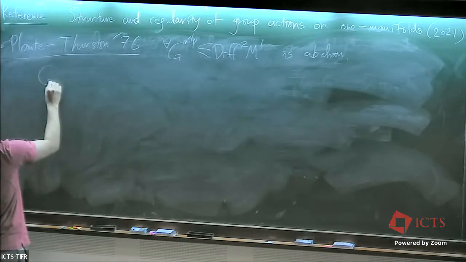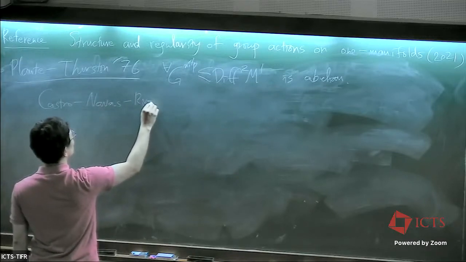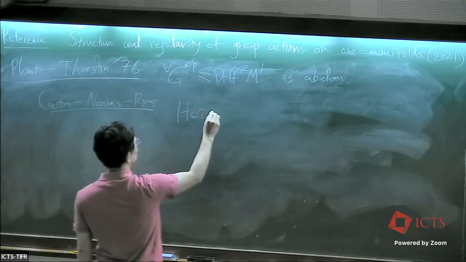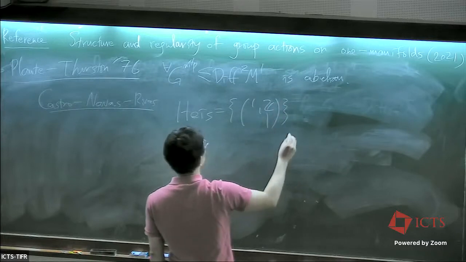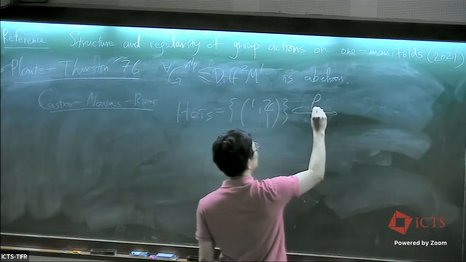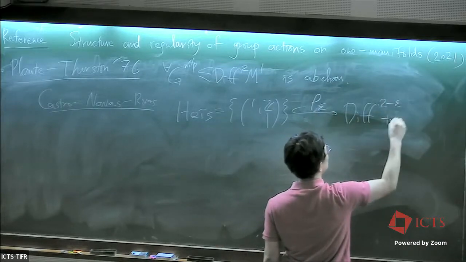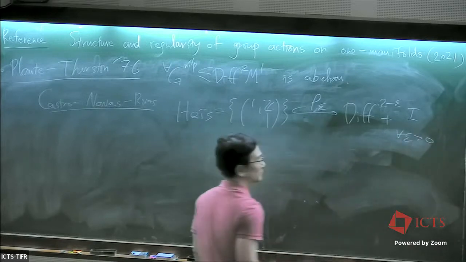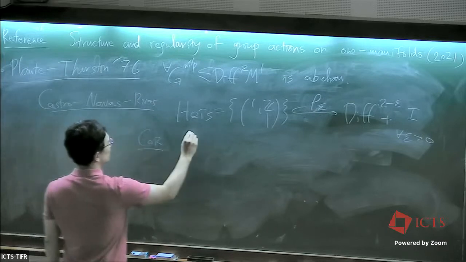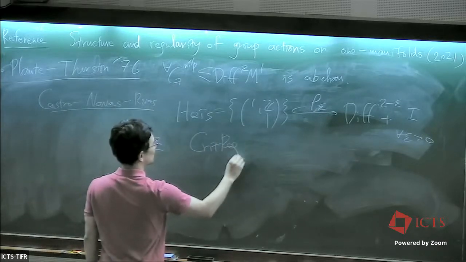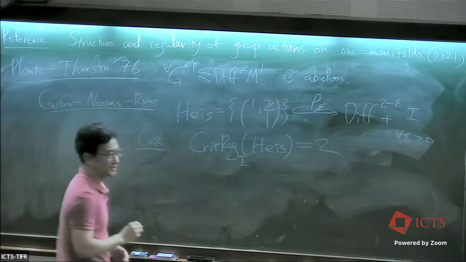And then there is a result by Castro, Navas, and Rivas proving that this Heisenberg group may be embedded into Diff^{2-epsilon}_+ of the interval for all epsilon. But Diff^2 is never possible by the Plante-Thurston theorem. Therefore, the corollary is that the critical regularity of the Heisenberg group is 2 with respect to the interval.